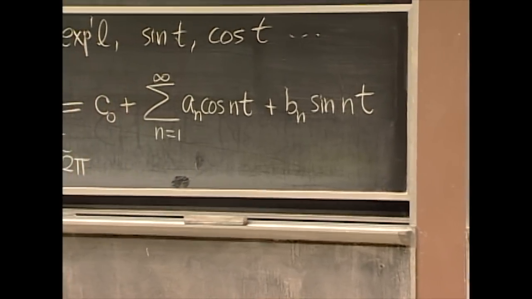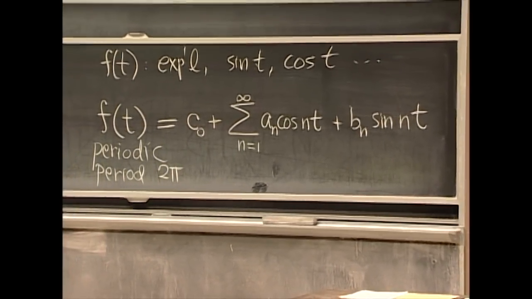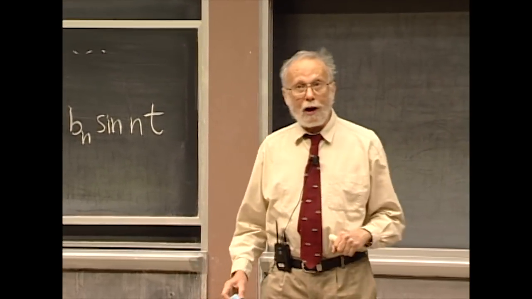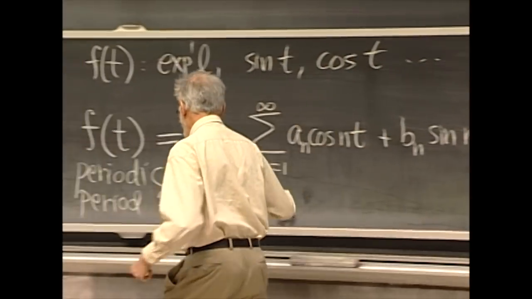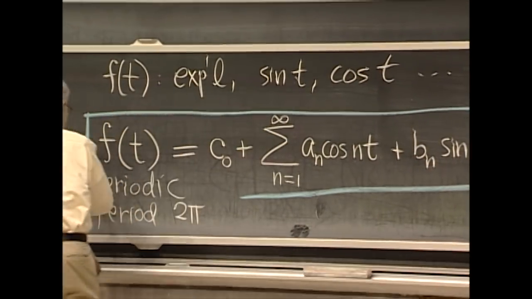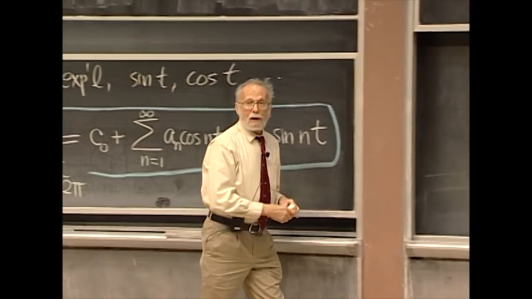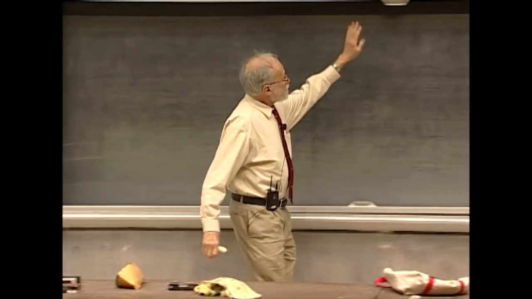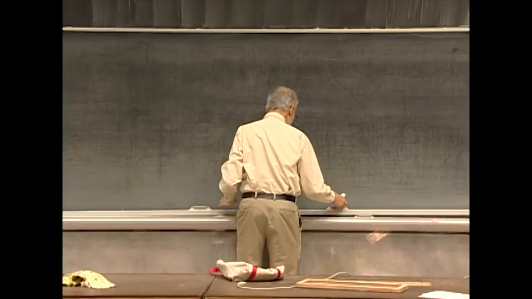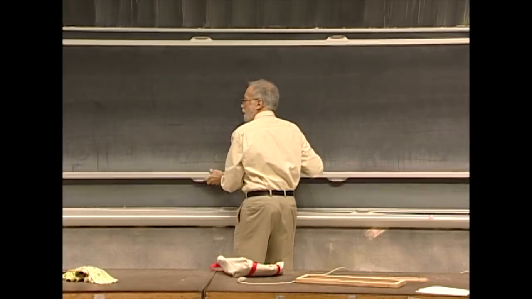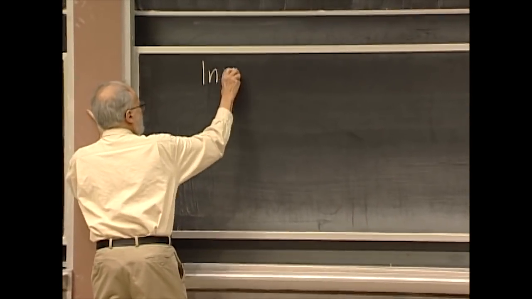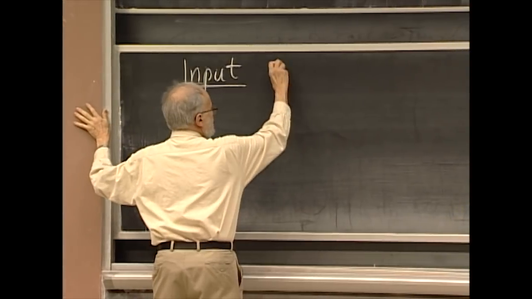Now, why does that solve the problem of general inputs for periodic functions, at least if the period is 2 pi, or some multiple or some fraction of it? Well, you can think of it this way. I'll make a little table. Let's put over here the input, and here I'll put the response.